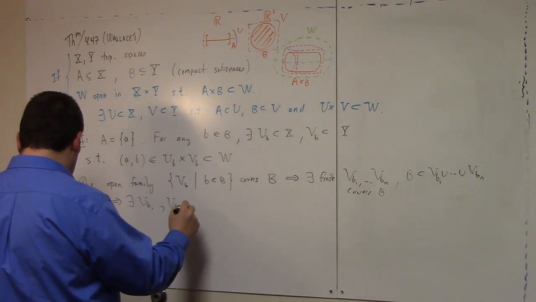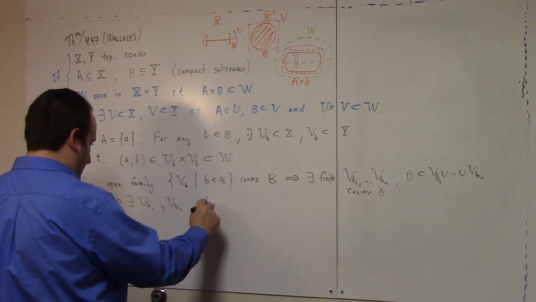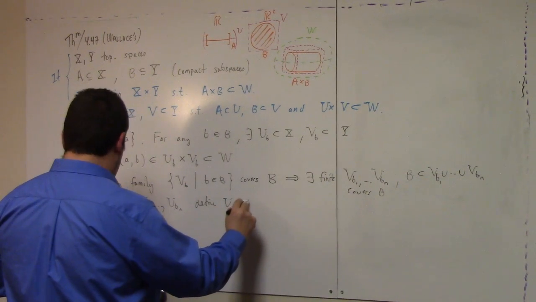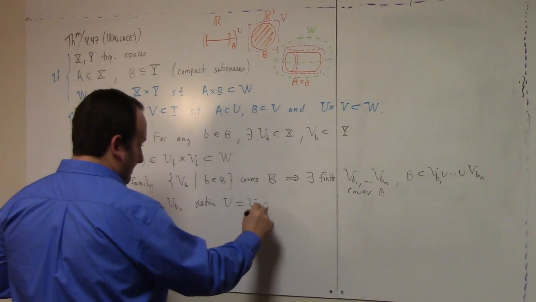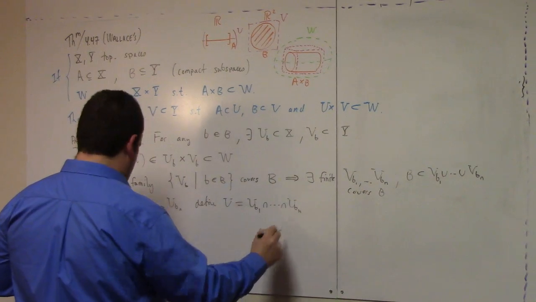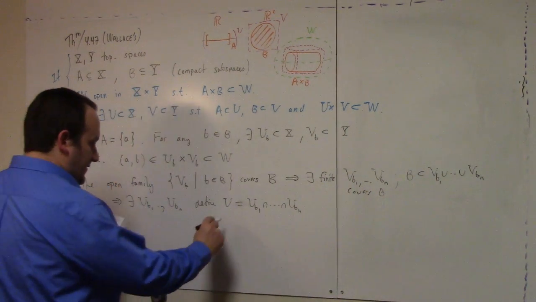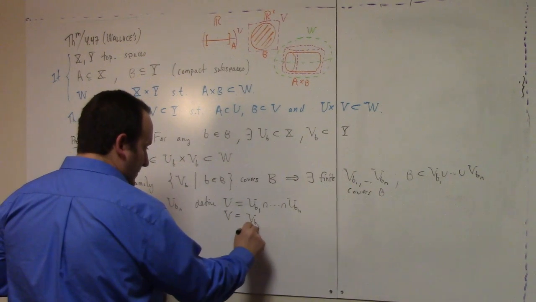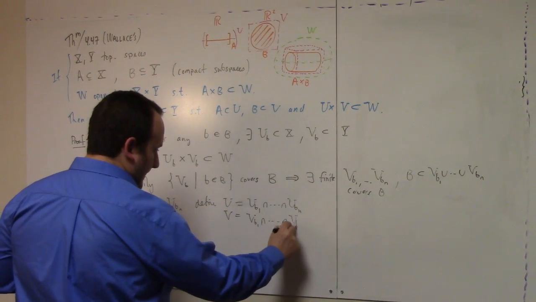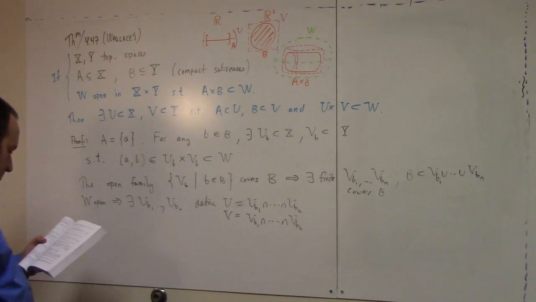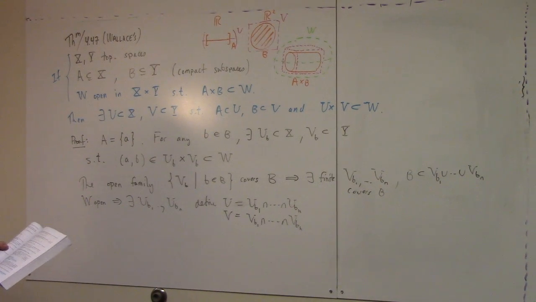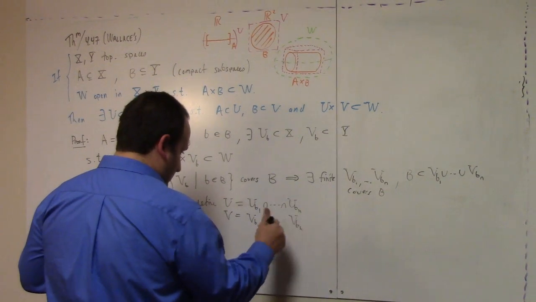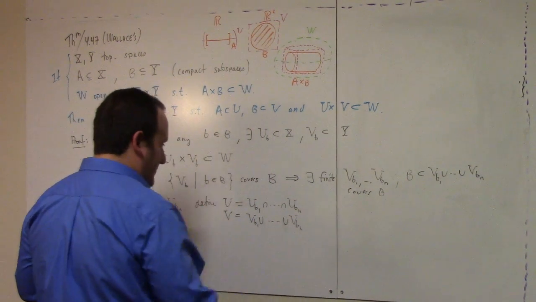He says define U as the intersection of the U_B1 through U_BN, and V as the intersection of the V_B1 through V_BN. All right. And then the union. What's that? It's the union. Oh, you're right. Yeah. Sorry. I would have gotten very confused very soon.